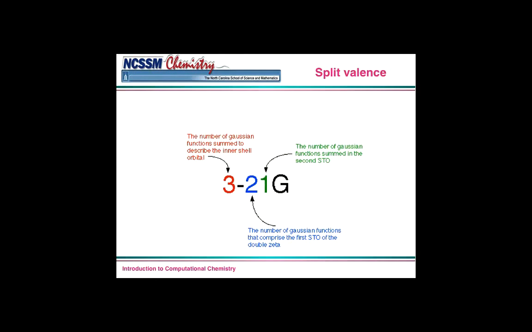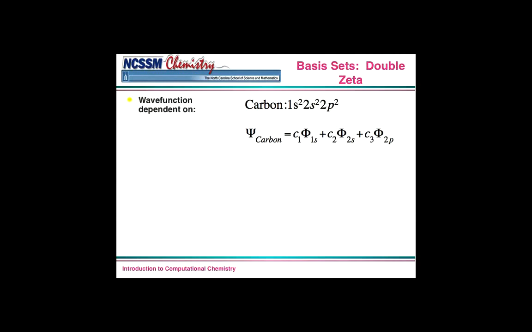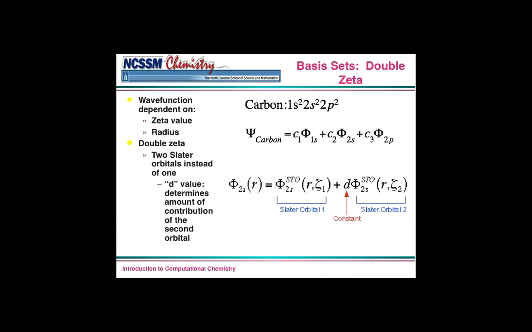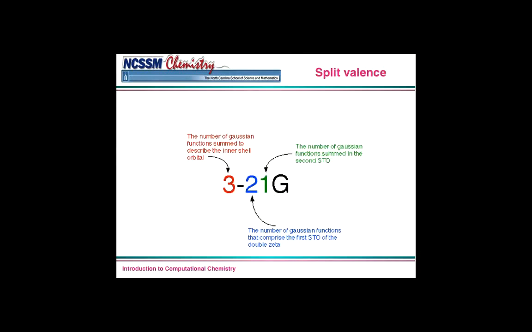Okay, so I'm using 3 Gaussian functions to approximate the Slater type orbital for all of the inner core electrons. Now, for the valence electrons, I'm going to use a double zeta configuration. So I'm going to have two zeta values: a zeta value 1, a zeta value 2, and then that constant D. The 2 there says I'm going to use a double zeta to approximate some of the valence electrons, okay?